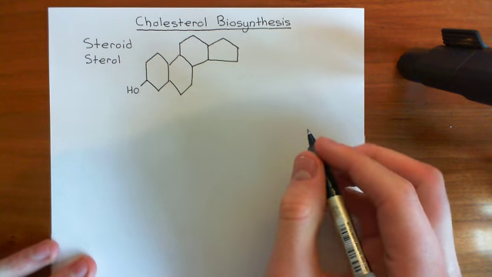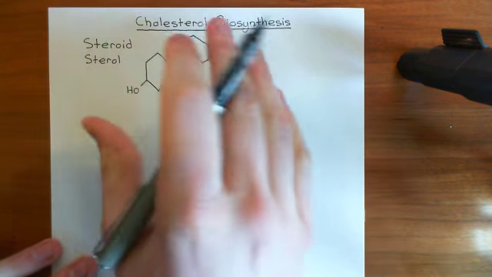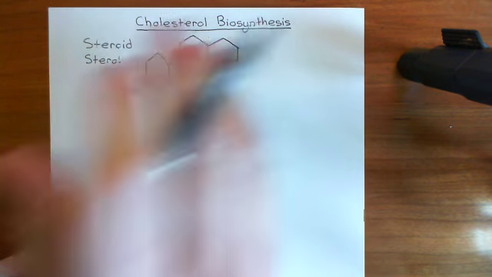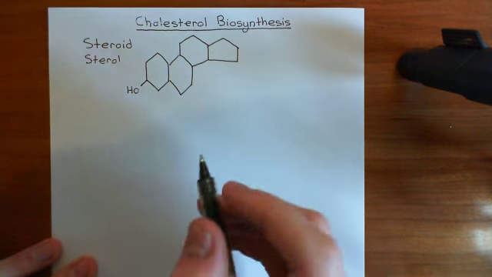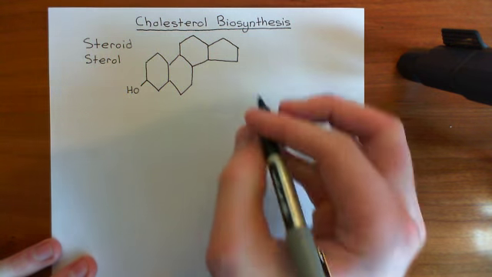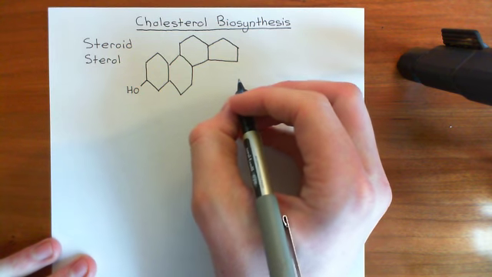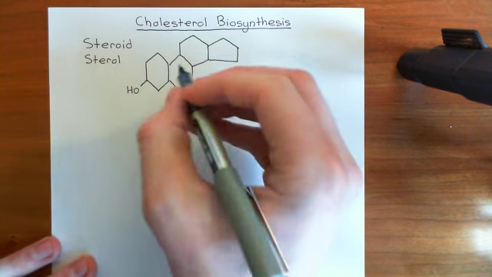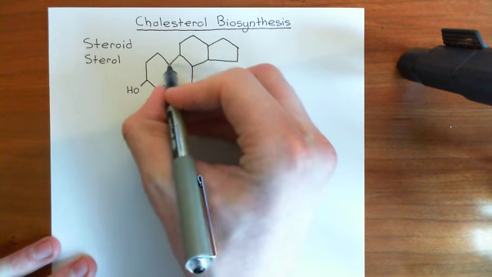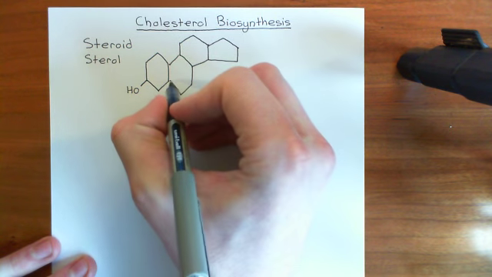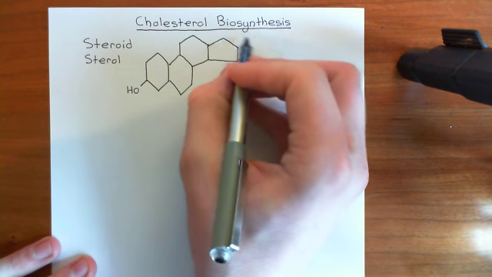Right. So how do we turn this generic sterol into a cholesterol molecule? Well, basically, to turn it into cholesterol, what you do is you add on methyl groups on this carbon and this carbon, turn this into a double bond, and then add a little group on there.